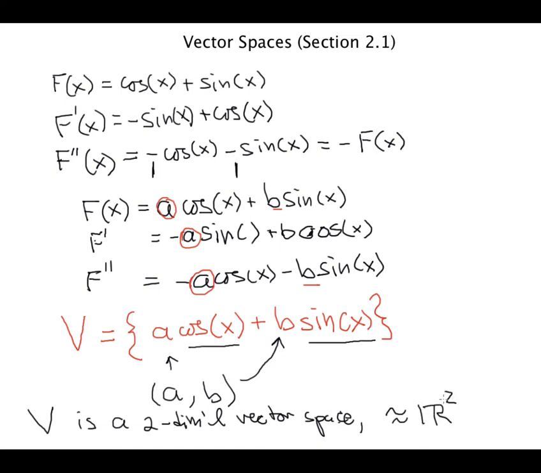I'm not going to explain exactly what I mean by that right now, but that is to say you can think of it as being R2, and if you identify this function with this pair of numbers a, b, and if you add these functions here, that's just like adding these vectors a and b.